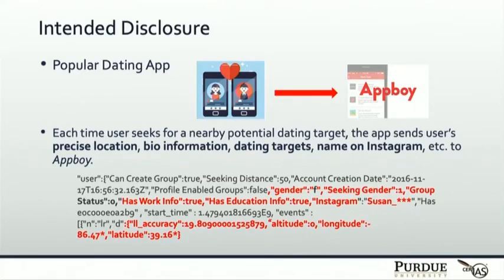However, at the meantime, we did observe these data are also shared to the app's own server. So basically, these sensitive data are shared with multiple copies to different parties.